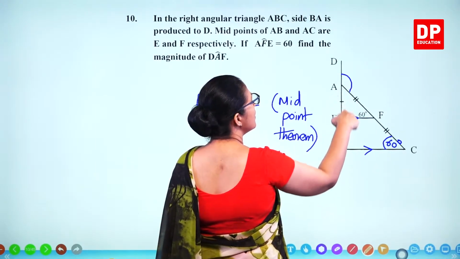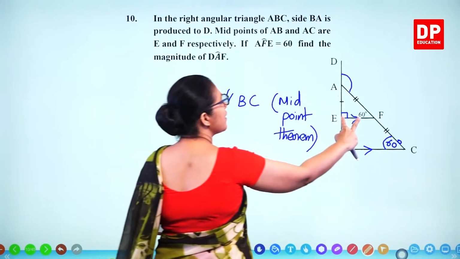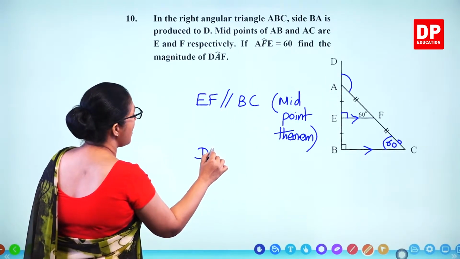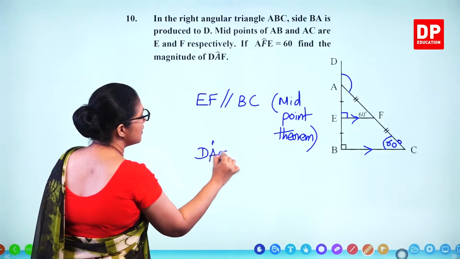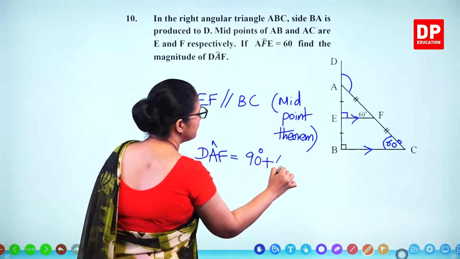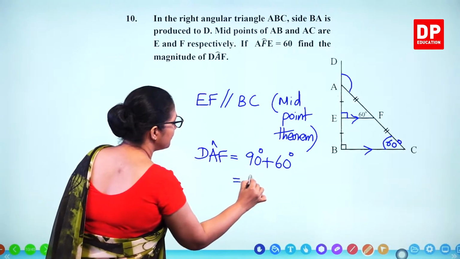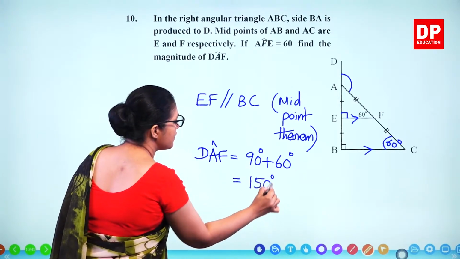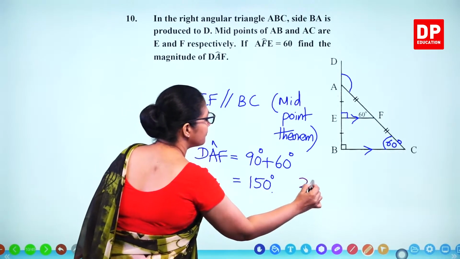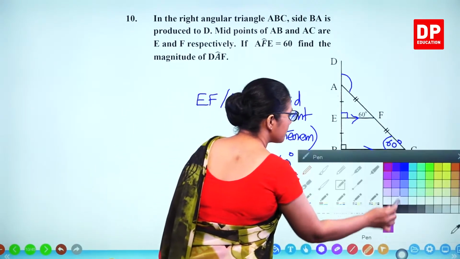So DAF angle is equal to 90 plus 60, 150 degrees. So 2 marks for that.